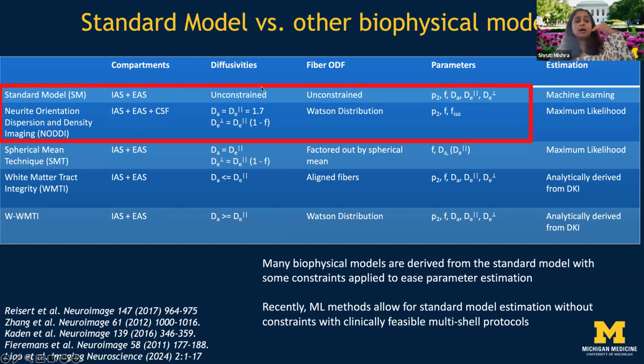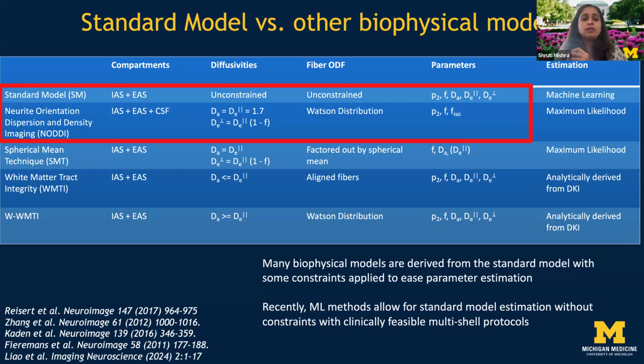The standard model gets around this by using a priori priors, like in a Bayesian estimation method, and uses machine learning to get away from applying these constraints. That way it allows us to actually estimate all of these different parameters, whereas in the earlier models, if you constrain the diffusivity, it eliminates your ability to actually measure that particular parameter.